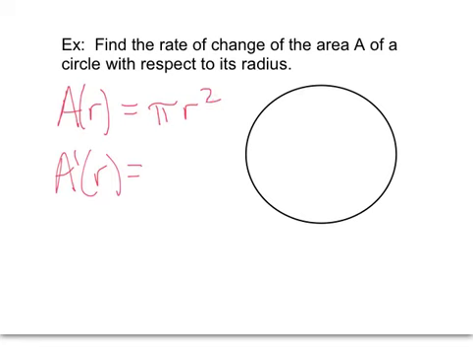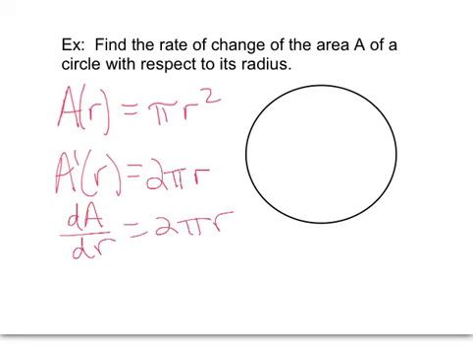You just throw the 2 out front and multiply by pi. The base stays the same on the independent variable and reduce the exponent by 1. That's the derivative. This is another way to write it: the derivative of area with respect to radius, where radius is the independent variable, is 2 pi r. So we found the rate of change of the area of a circle with respect to radius.